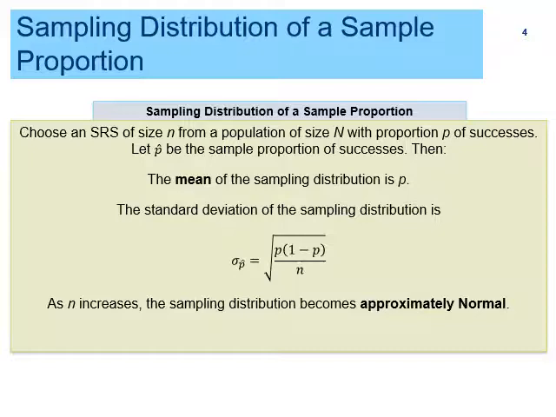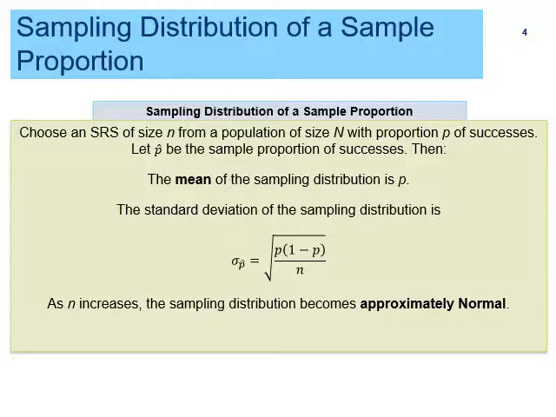So, the sampling distribution of a sample proportion. We have already seen this in an earlier chapter on sampling distributions, and here we can revise it. Choose an SRS of size n from a population of size N with proportion p of successes. Let p hat be the sample proportion of successes.